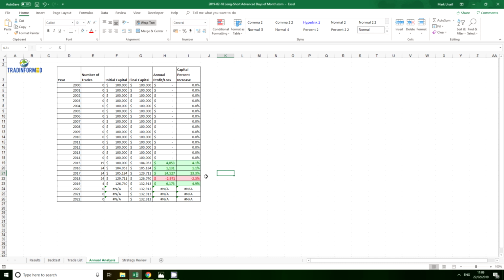But when things really got going in 2017 with low volatility, the strategy was able to increase the capital by almost 25%. We scraped through 2018, but without seeing any of the large drawdowns that many other hedge funds and individual traders got. And 2019 has started off on the front foot, showing a 5% gain for the first couple of months. So this is a useful way to get a more realistic visualization of how the strategy has performed.